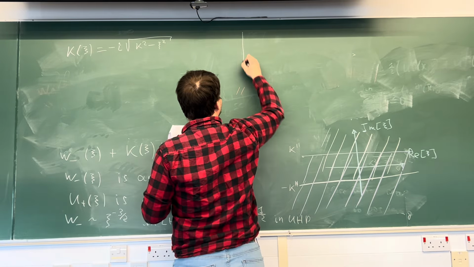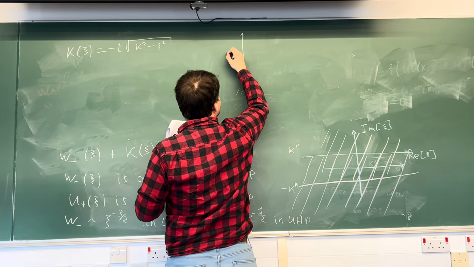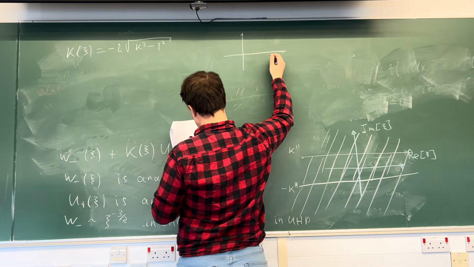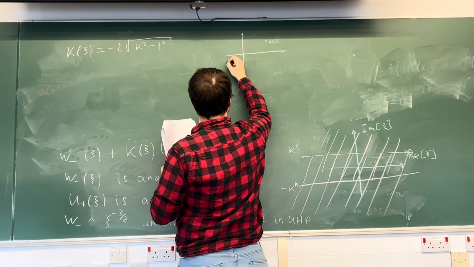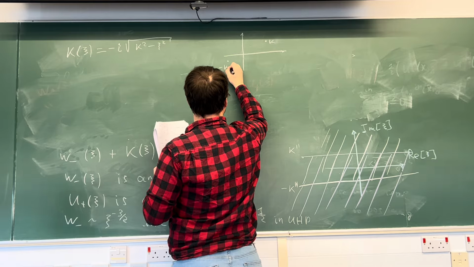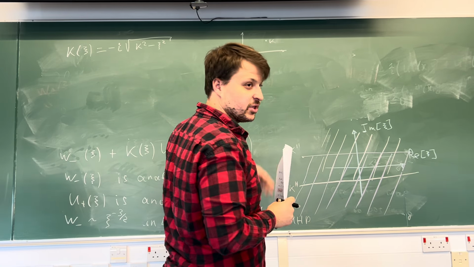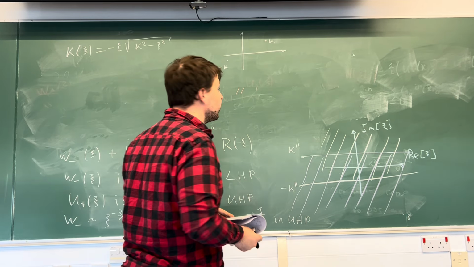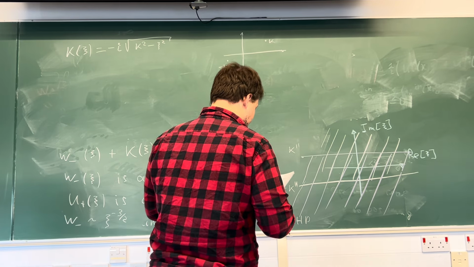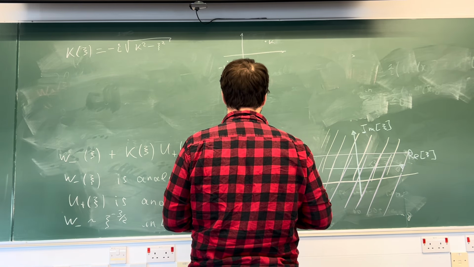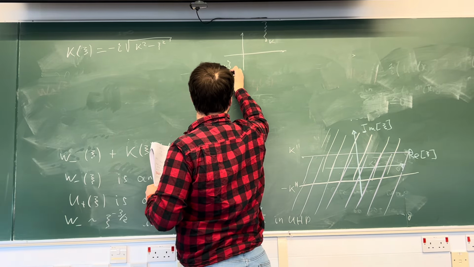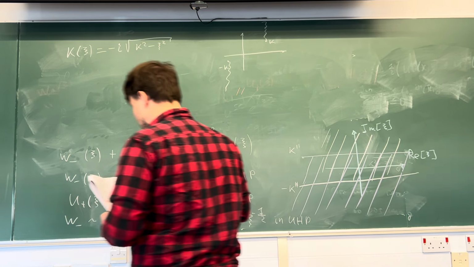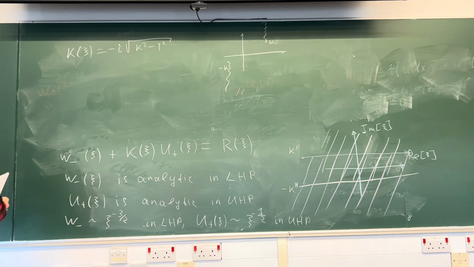So we can write one here, one here. They have small imaginary parts, that's why they are shifted from the real axis. And that's it. As people usually do, I can draw some cuts from them.